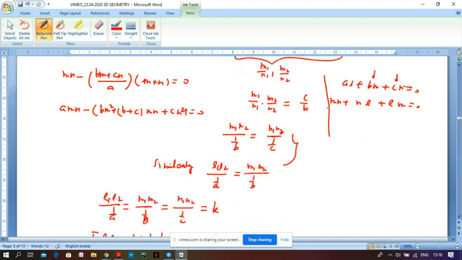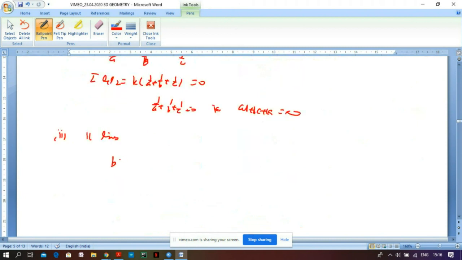So writing b times m by n whole square plus b plus c minus a times m by n plus c equal to 0. So you want to say that this equation has coincident roots, which means that discriminant equals 0. That is b plus c minus a whole square is 4 times bc.